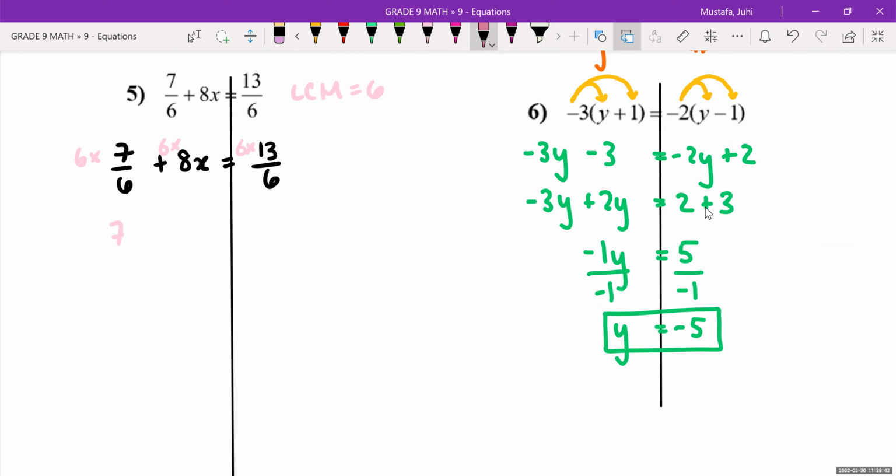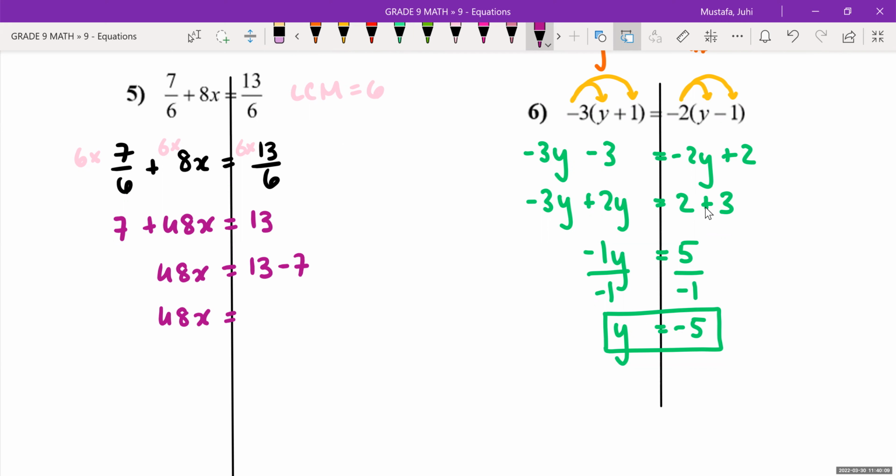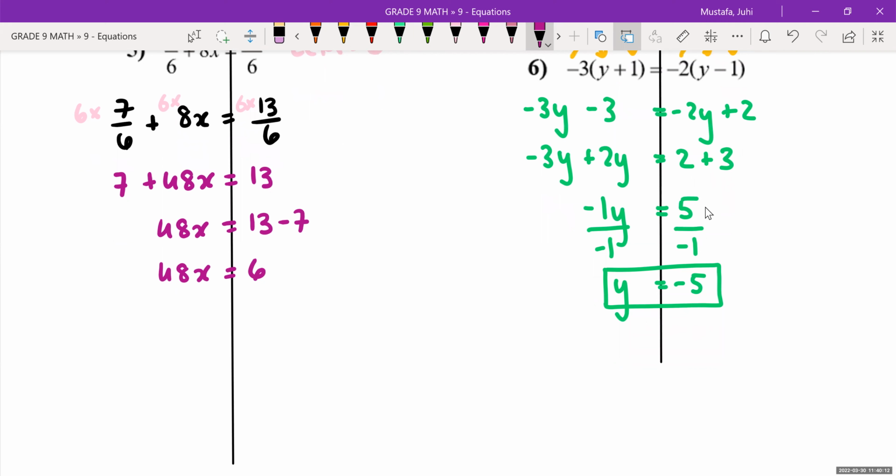So we're going to have 7 plus 48x is equal to 13, and 48x is equal to 13 minus 7. 48x is equal to 6. Divide this side by 48. So x would be equal to 1/8.